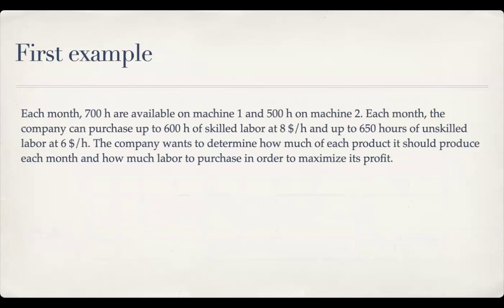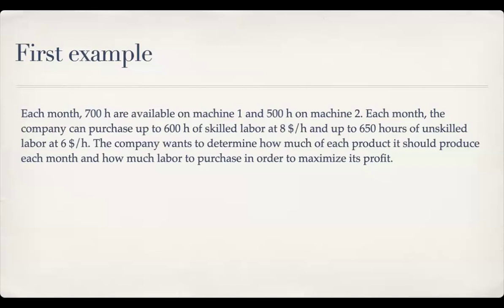In each month, 700 hours are available on machine 1, and for machine 2, we have 500 hours available. The company can purchase up to 600 hours of skilled labor at $8 per hour, and for unskilled labor, it's up to 650 hours.